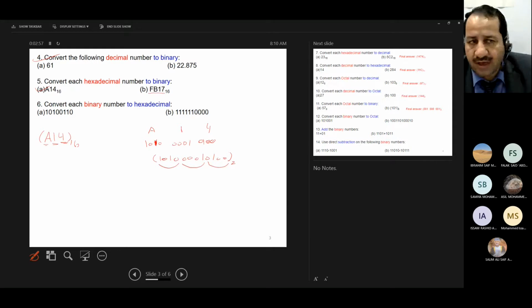FB17. Can you start working on this before I solve it? You have a couple of minutes to do it on paper. Start working on this one.